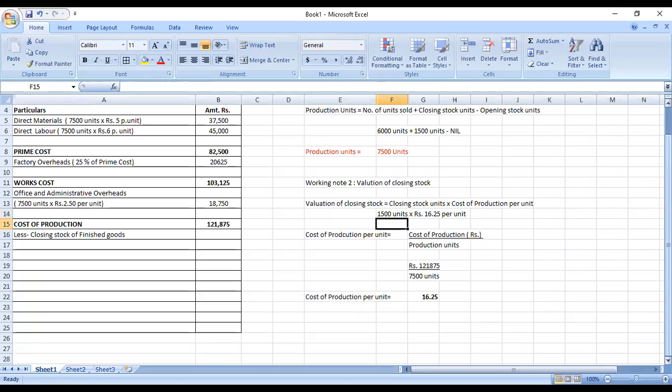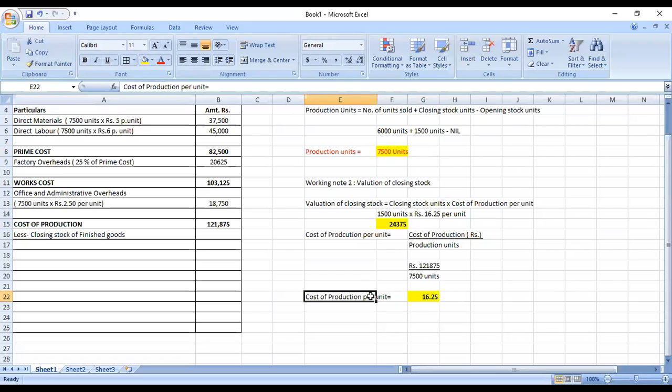So 1,500 multiplied by 16.25 per unit, how much does it come to? It comes to 24,375.